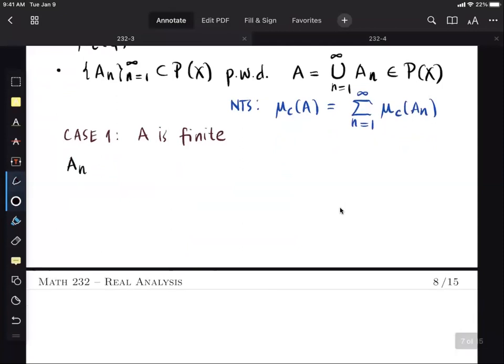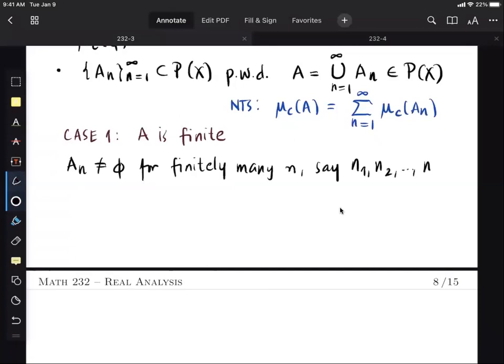In this case, A sub n would be non-empty only for finitely many n, and let's call them n sub 1, n sub 2, up to n sub capital N. At the same time, A sub n would be empty for any n not equal to these indices.